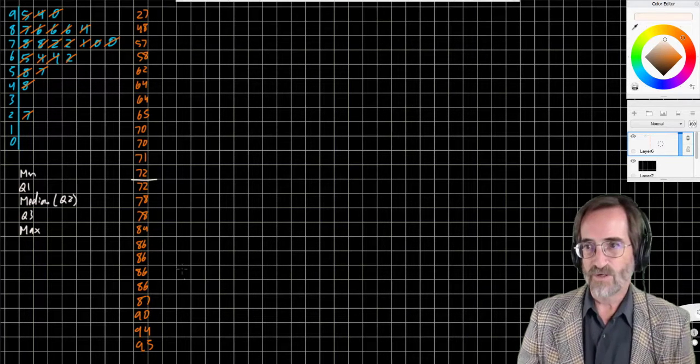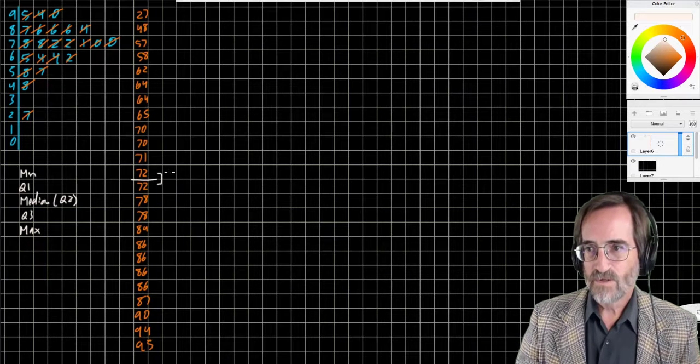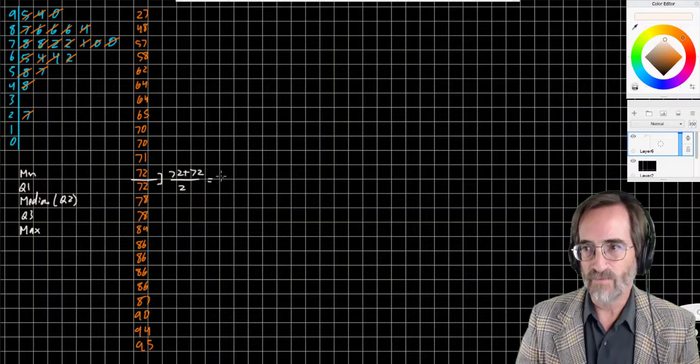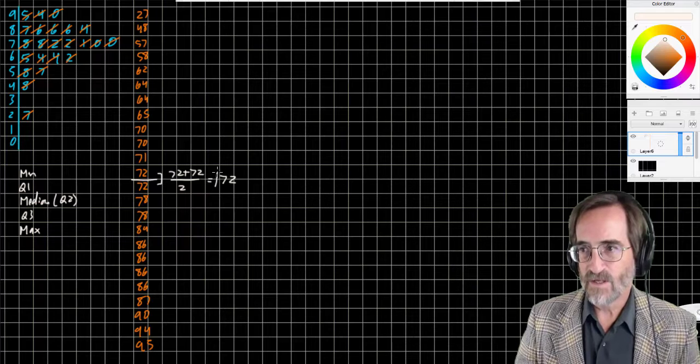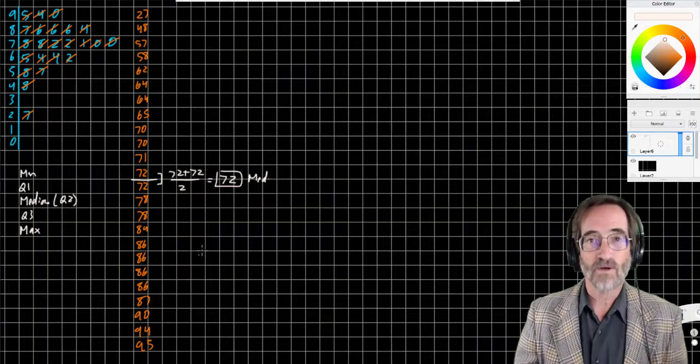When you have two numbers in the middle, you average them. 72 plus 72 divided by 2, or take the number in between. In this case, they're both the same number. So that is the median, or the middle, or the second quartile.